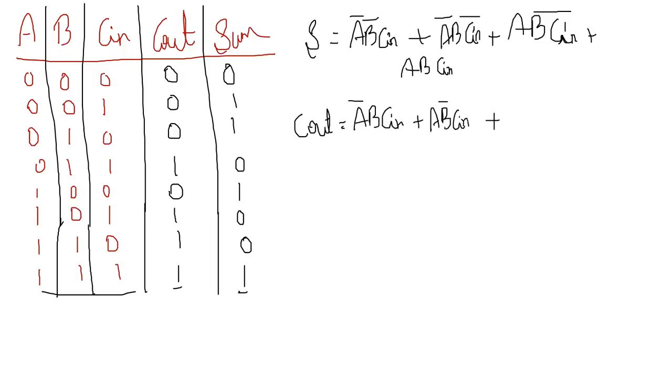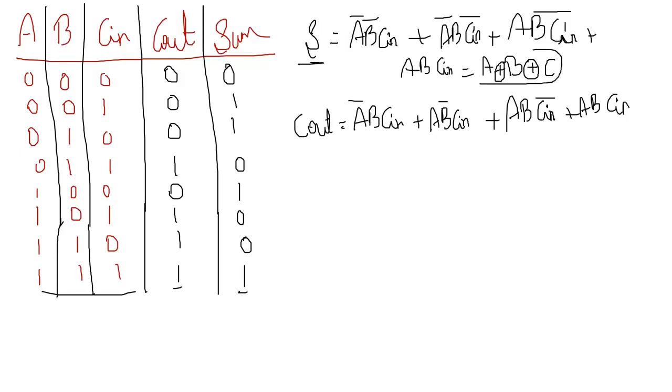Then plus, C out is 1 when A and B values are 1 and C in value is 0, and C out is 1 when A, B, C in values are all 1. Sum can be written like this. Now we have to reduce carry out and write the circuit for it.